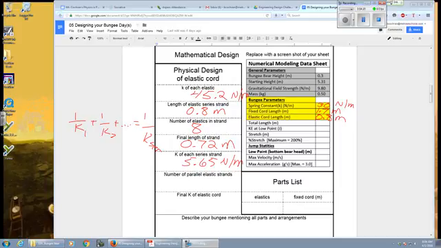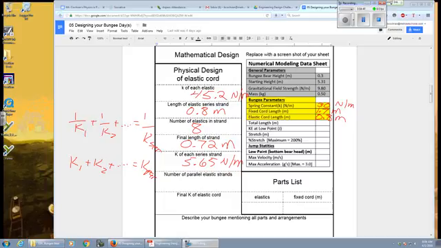How many strands in parallel do I need to come up to my 30? So now I'm using K1 plus K2 plus so on equals K in parallel that you got earlier. So 30, I'm dividing 30 by my 5.65. It tells me 5.3 strands.